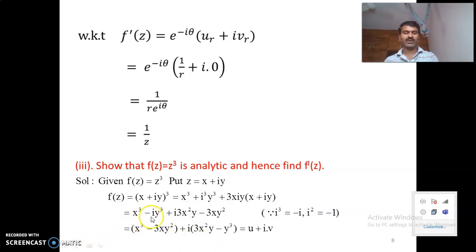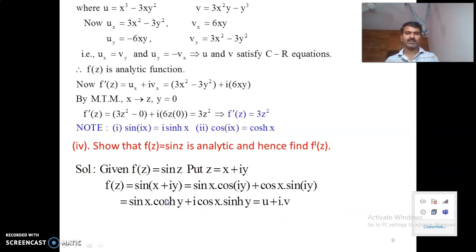Expanding x plus iy whole cube, we get u plus iv, where u is x cube minus 3xy square and v is 3x square y minus y cube.